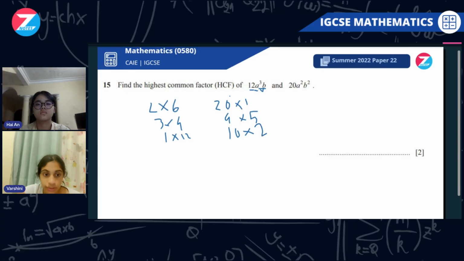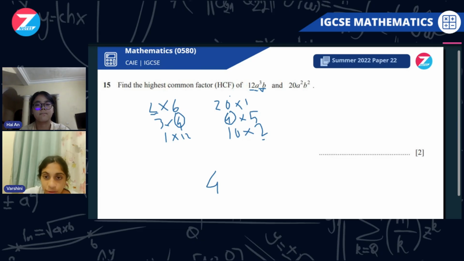Okay, so let's look at the highest number that comes in both of these. 2 comes in both, but so does 4, and 4 is bigger than 2. So 4 is going to be the highest common factor. So let's write 4 over here.